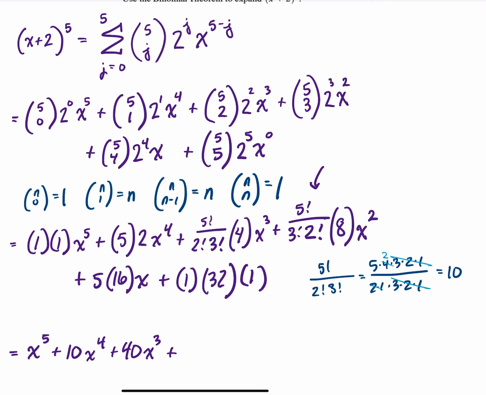Then we should have another 10 here, this time times 8. So we'll get plus 80 x squared. Then our next term, 5 times 16, also happens to be 80, times x. And then last term, 1 times 32 times 1 is 32.